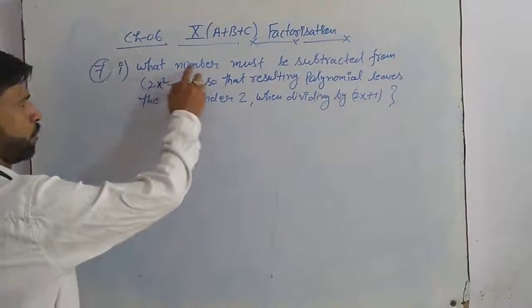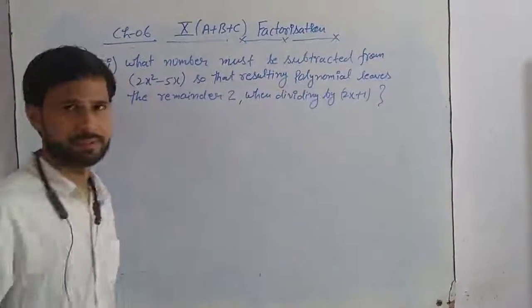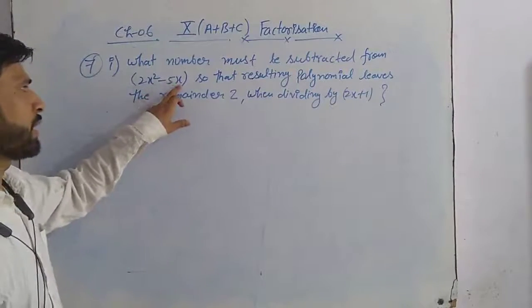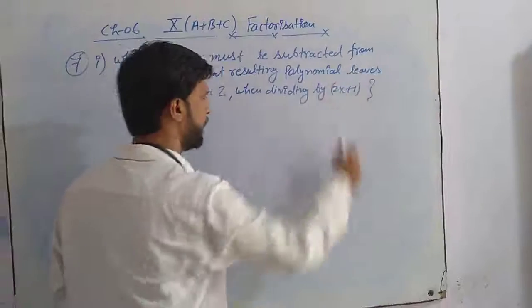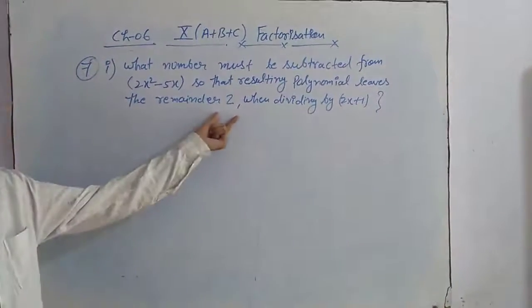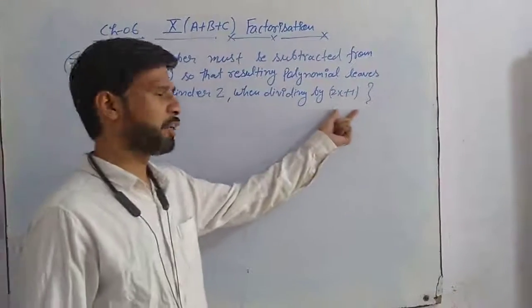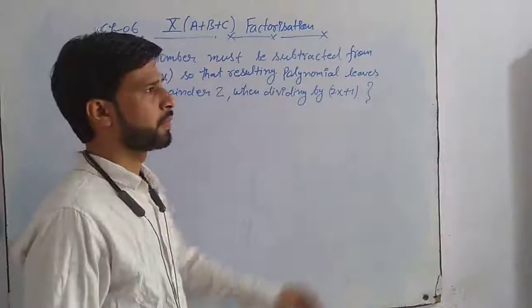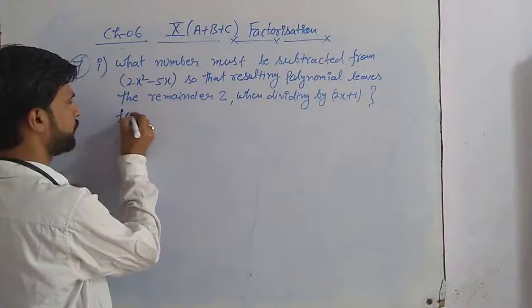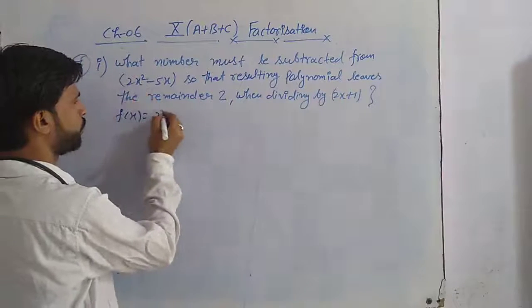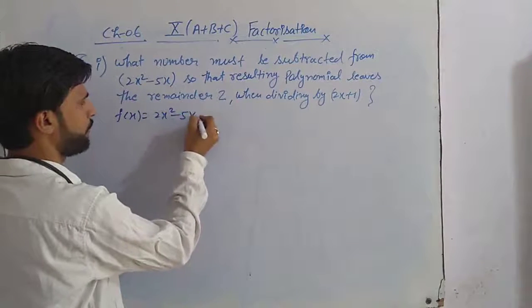Question number 7. What number must be subtracted from 2x square minus 5x so that the resulting polynomial leaves the remainder 2 when divided by 2x plus 1? Now the given function is written in this way: 2x square minus 5x.